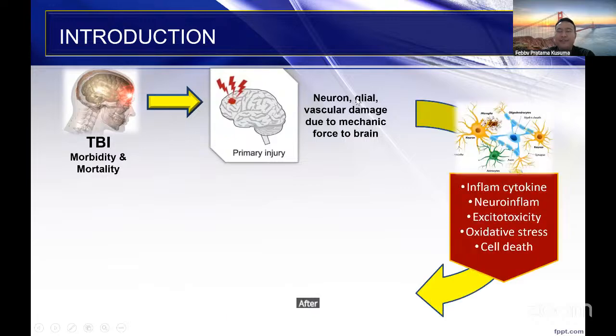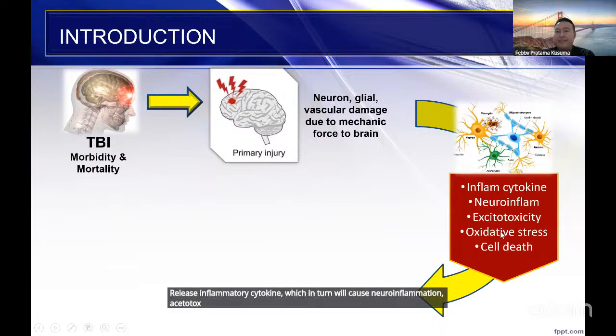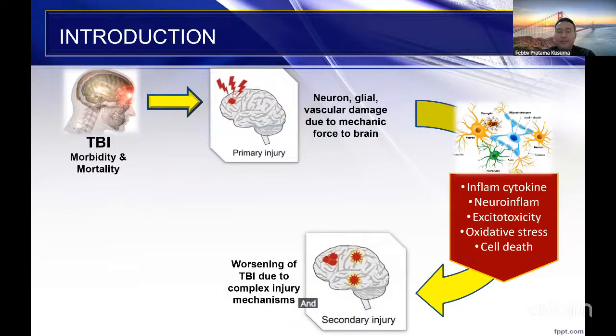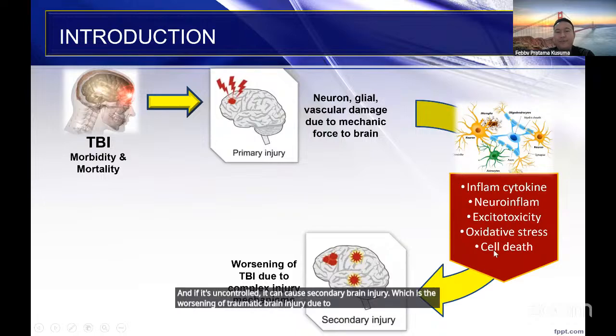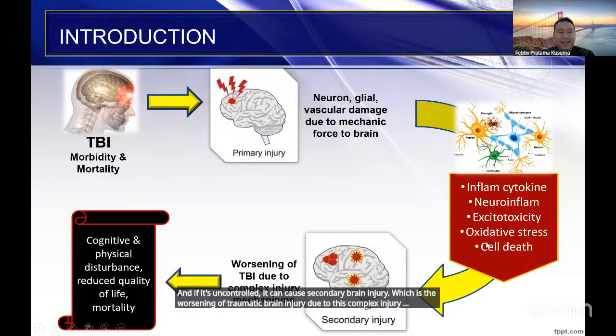The damaged neurons and glia release inflammatory cytokines, which in turn cause neuroinflammation, excitotoxicity, oxidative stress, and cell death. If uncontrolled, this can cause secondary brain injury, which is the worsening of traumatic brain injury due to this complex injury mechanism. In the end, there will be cognitive and physical disturbance, reduced quality of life, and mortality.